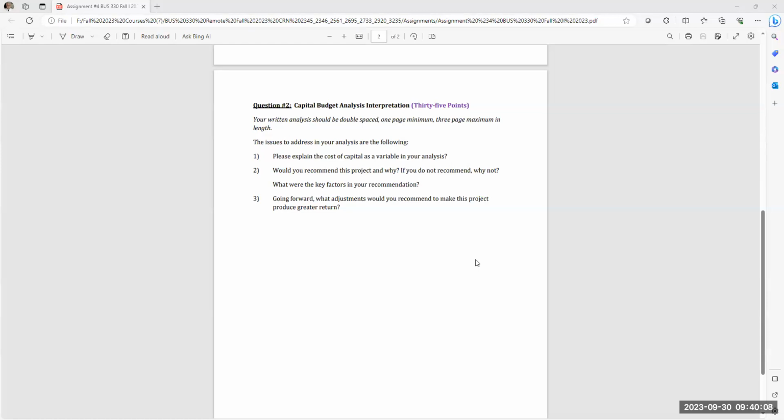So, a 1 to 2 page paper, double spaced, and no, this is not APA format, so you can just write or type the answers on a piece of digital paper, Word or PDF. I prefer Word. And then post this file along with your spreadsheet file. And that's assignment number 4, 20% of your course grade.